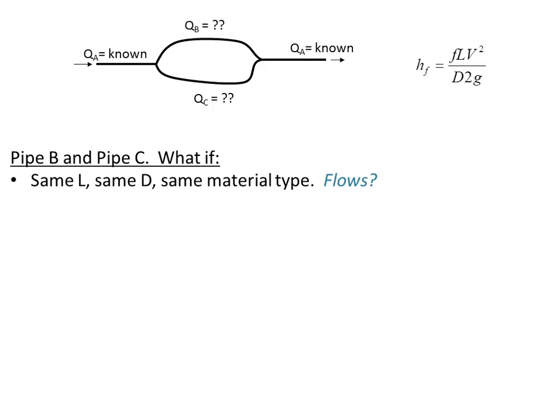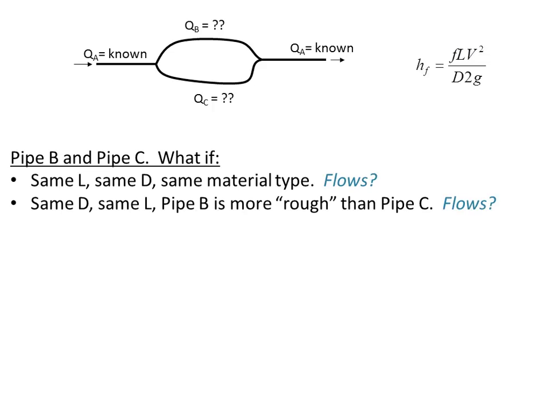Okay, in the second example, what if they both have the same diameter and the same pipe length, but pipe B, the top one, is more rough? Which would have more flow, pipe B or pipe C? C is going to have more because B has more roughness. There'd be more resistance.